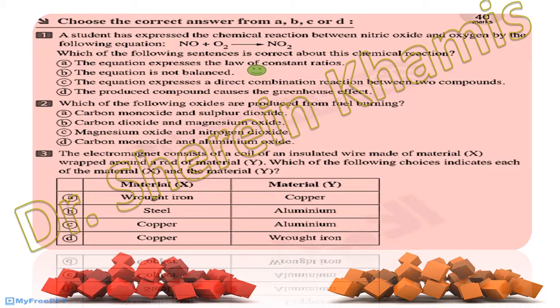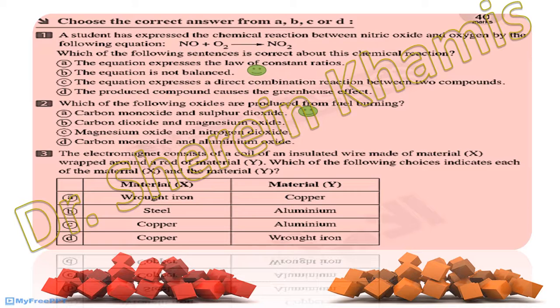It will be oxides of nonmetals. We use sulfur and carbon in burning, so the oxides produced from fuel burning are carbon monoxide and sulfur dioxide.